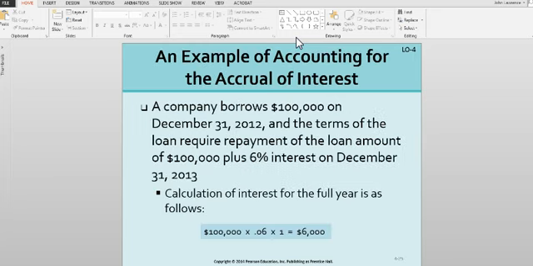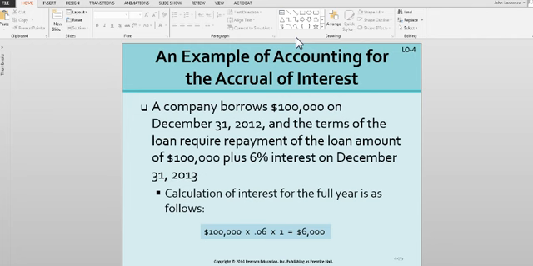But at the end of an accounting period, whether you're the one borrowing the money or the one that has lent the money, you need to properly calculate the interest. In this case, since we are talking about unrecorded liabilities, you're the one borrowing the money.